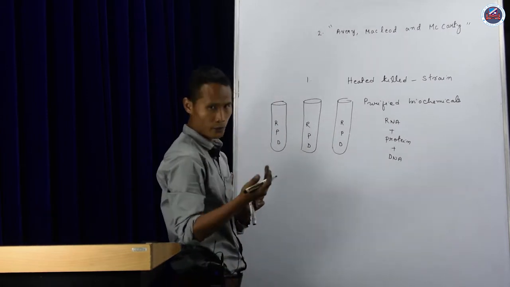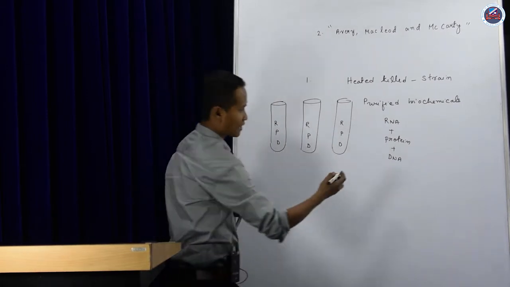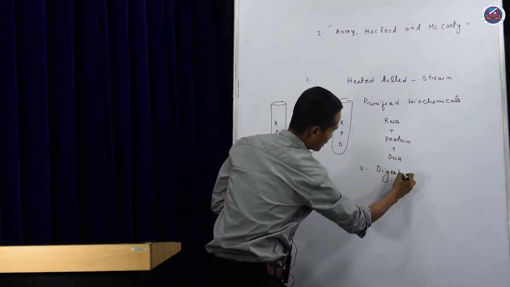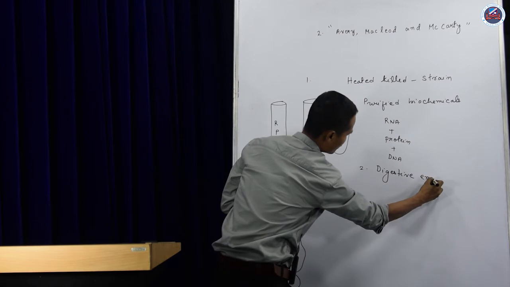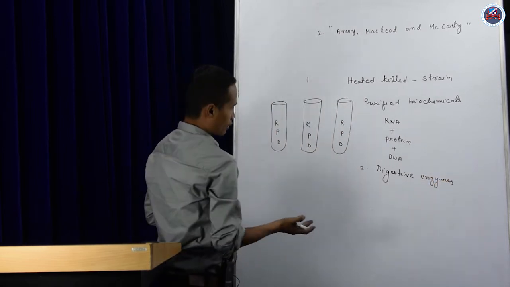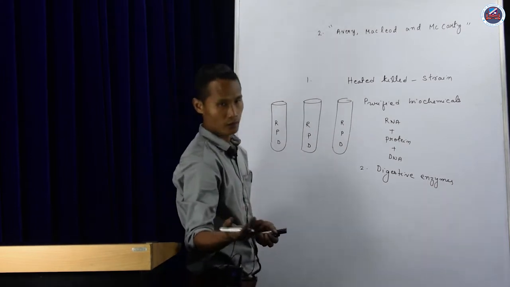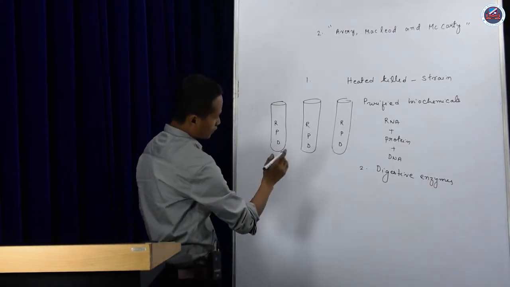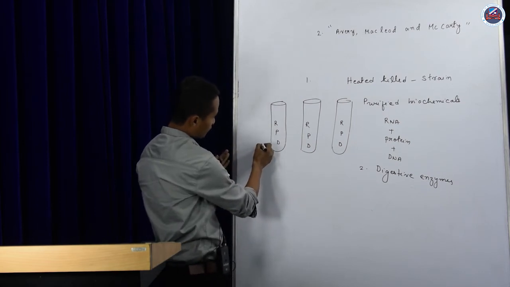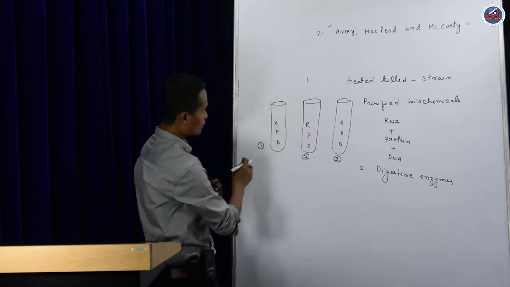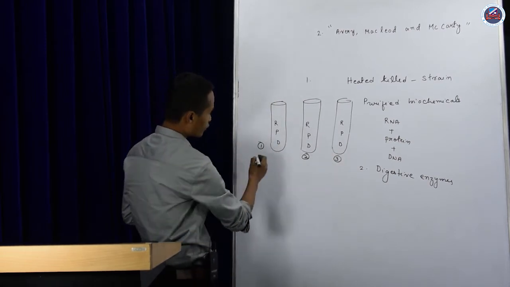Now what they did was they used digestive enzymes. What are digestive enzymes? They are going to degrade, based on the digestive enzymes that we are going to use. In the first test tube they added protease.